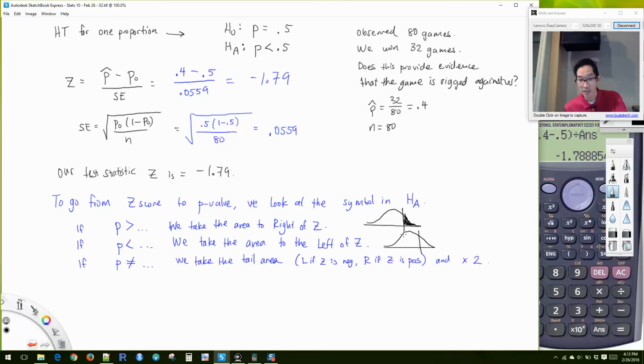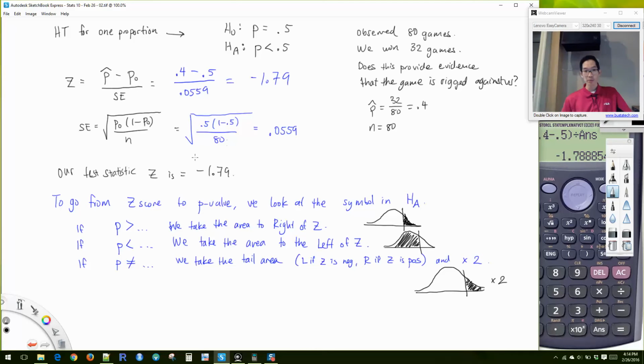If you've got a negative sign, or a less than sign, you're going to take the area to the left. And if you've got a not equal sign, you take the tail area, which is the side away from it, and then you multiply it by 2.